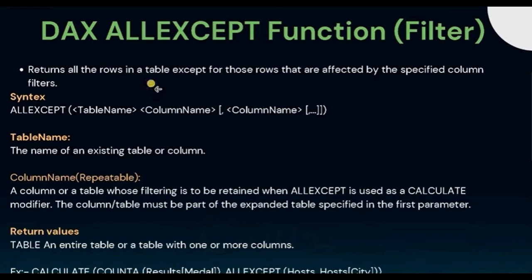So it's the name of an existing table or column. If we are specifying a table name here, here should be the column name. The column is a column or a table whose filtering is to be retained when ALLEXCEPT is used as a CALCULATE modifier. The column or table must be part of the expanded table specified in the first parameter, and return values may be an entire table or a table with one or more columns.